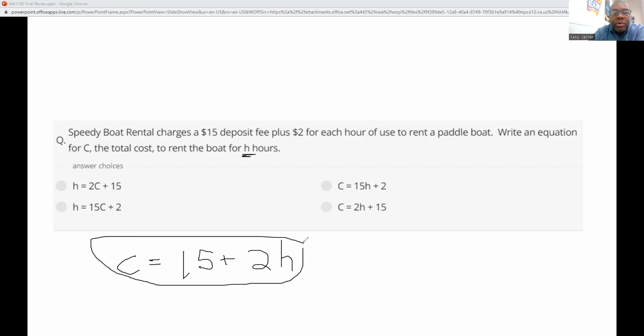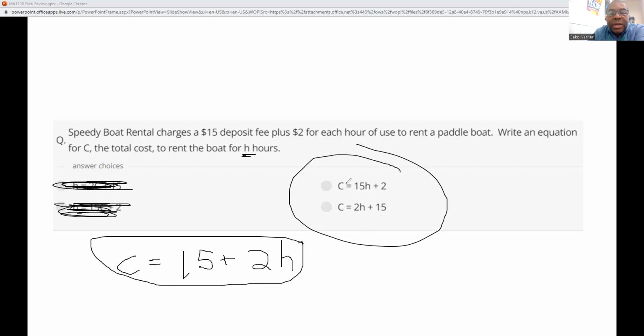All right, so which matches? H, well, no, we're not solving for H. Not looking for H. All right, oh, here's another H. We're not looking for H. So it's going to be between these two. All right, and C equals 15H. We're not talking about 15 hours. It was $15 deposit, not 15 hours. So it can't be this one.